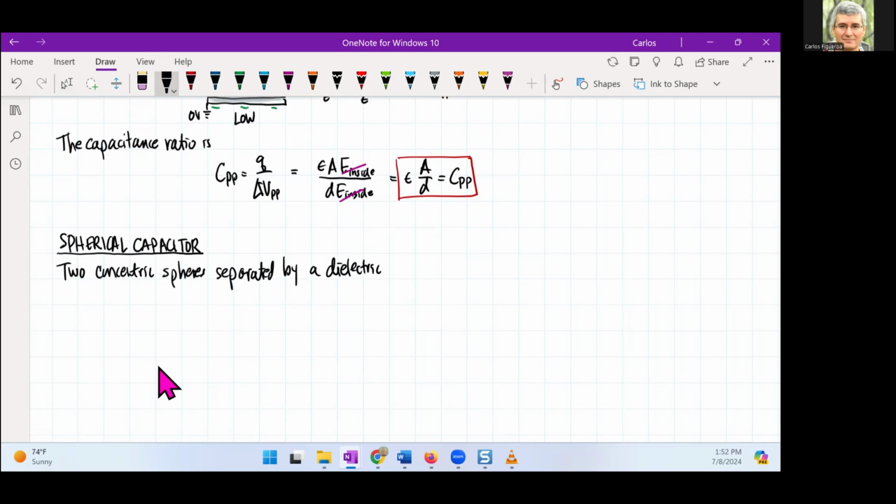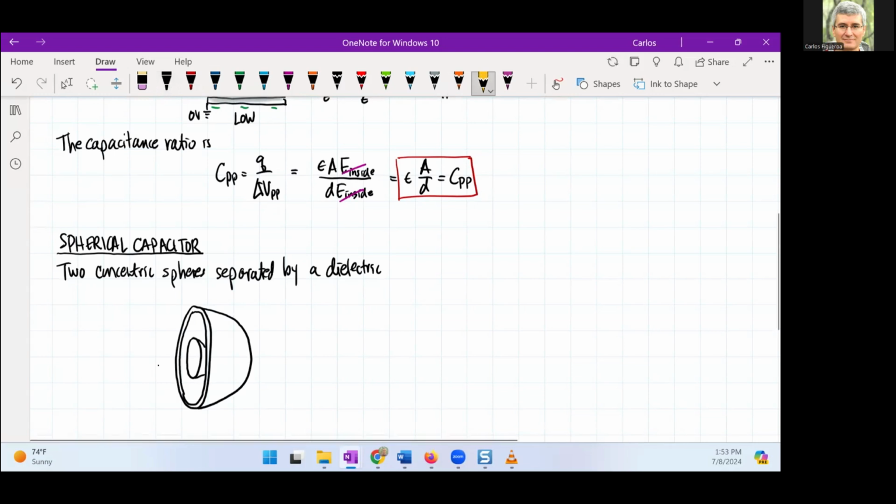So let's see if I can draw these. So these are always tricky to draw for me. So let's see. So I'm going to try to do a side view where I cut this guy open. So I have this. So I'm going to say, here's my thin outer shell. Now I have my inside. And I'm going to imagine that this is just half of a sphere. And then I got to draw my other half of the sphere right here. So when I'm looking at this, this is the positive charge.